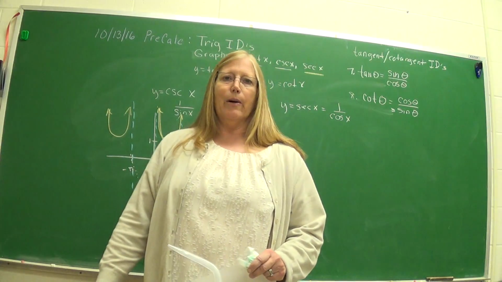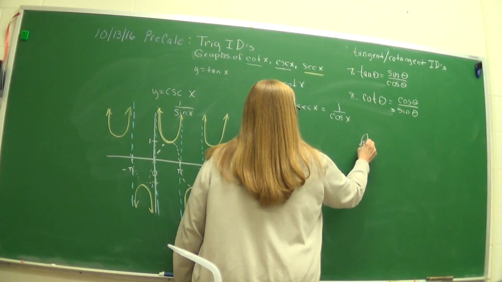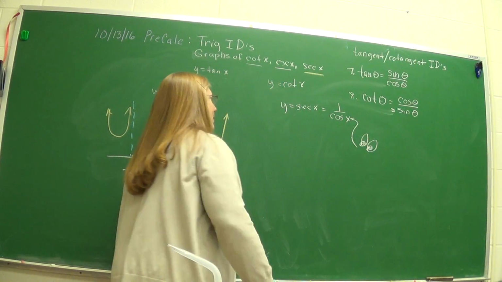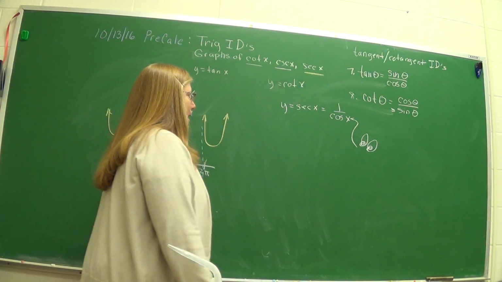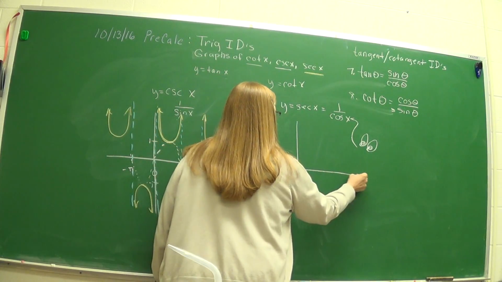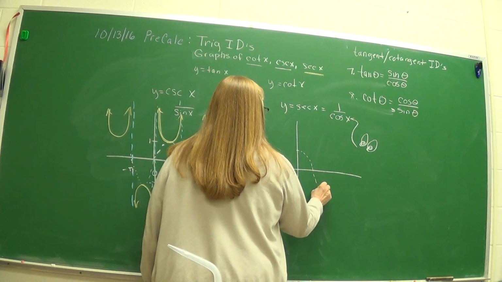So where will the eyeballs go for this one? The eyeballs will look at the denominator, knowing that secant is the same as 1 over cosine. Cosine could never be 0, or we would have a mathematical impossibility.